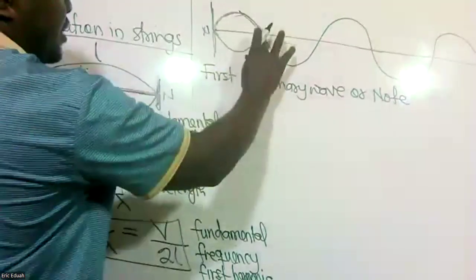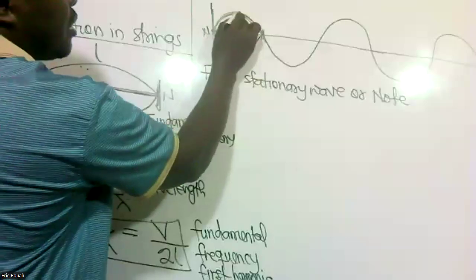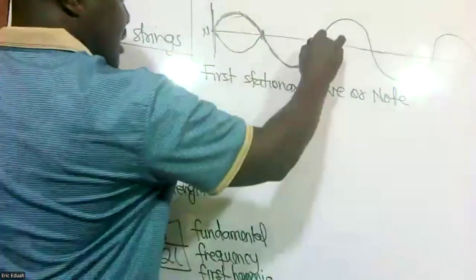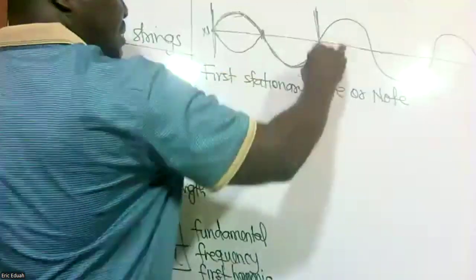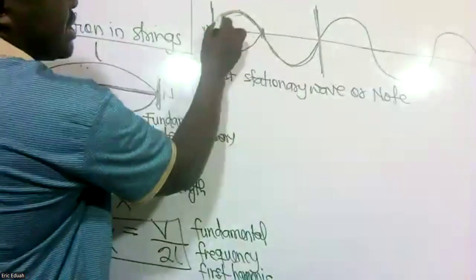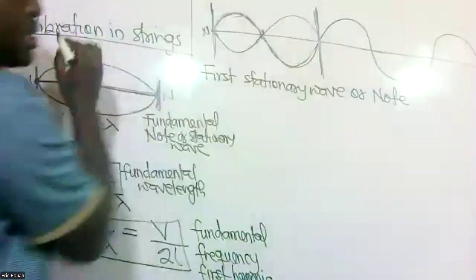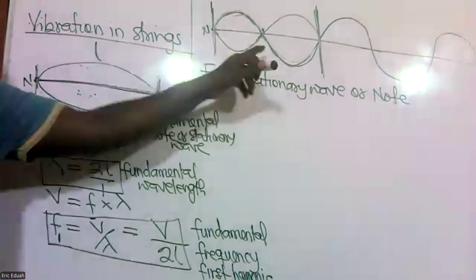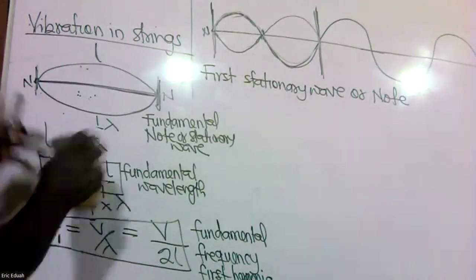Because there are boundaries, we start from a node. There's the first. There's a node here, so it means the boundary must be here. So the incident will be this, hits and then reflects to create this. So this becomes the second possible stationary wave.